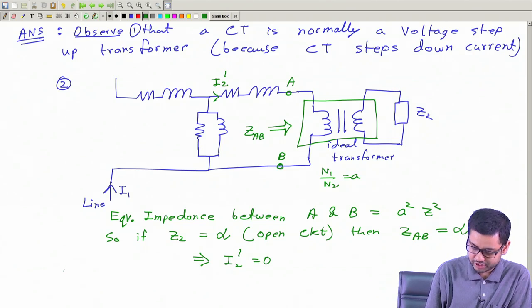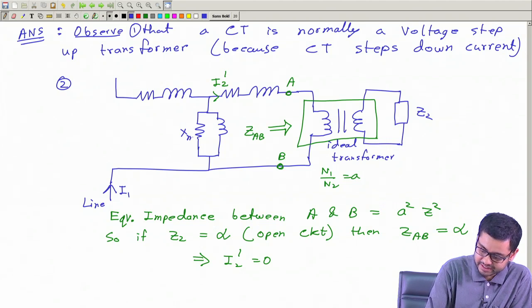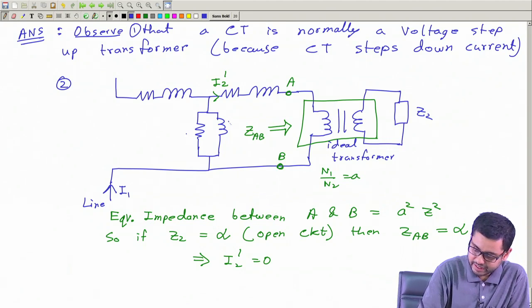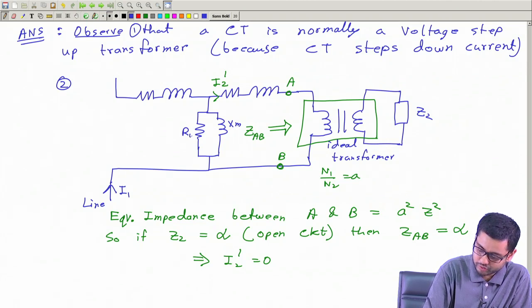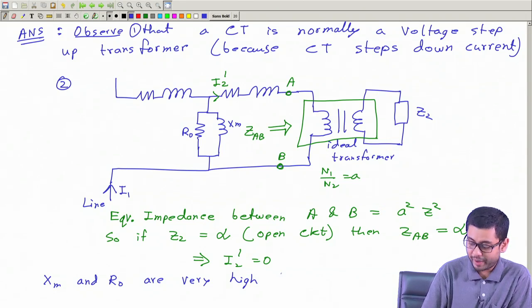And now you observe the point 2 is that this impedance XM and R0, XM and R0 are very high. Why? This is by design.